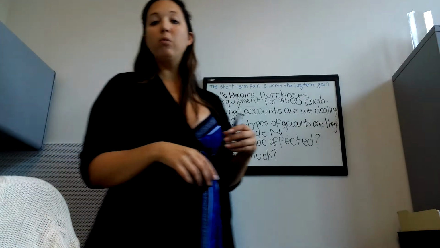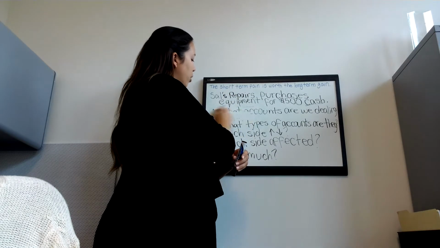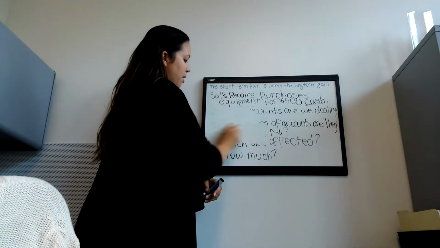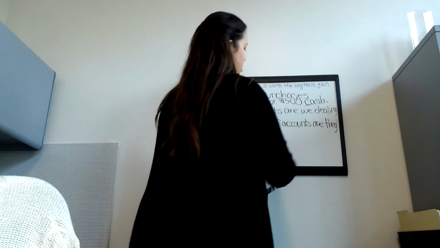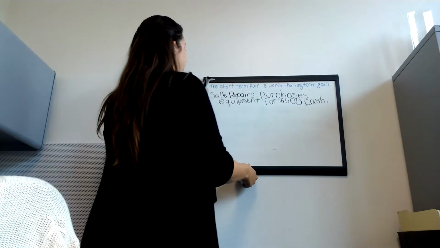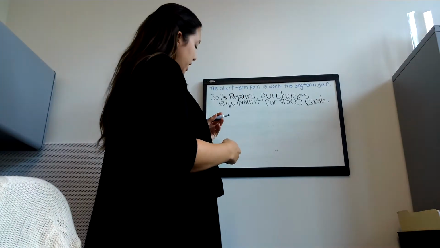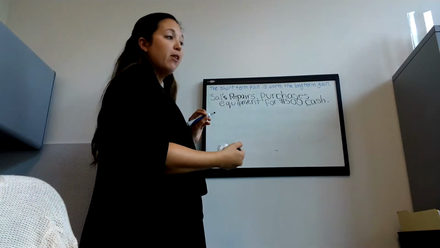So when we're looking at this and are now trying to record it, I'm going to erase all of these steps here. The entry will always be the debit first.